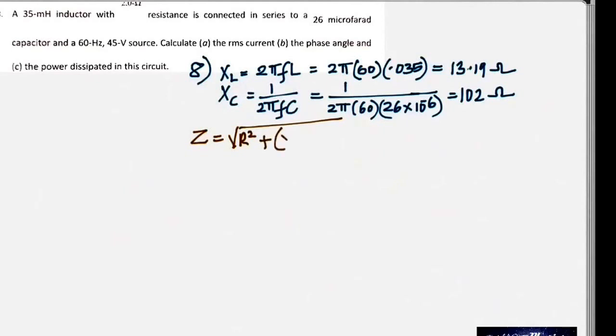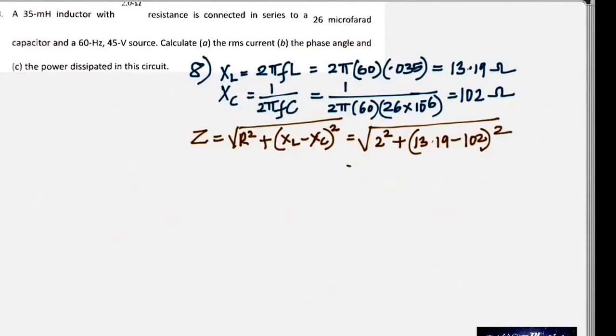Impedance is simply square root R square plus XL minus XC whole square. Resistance is 2 ohms. That gives you 88.83 ohm for the impedance.